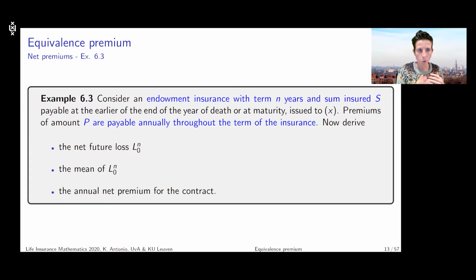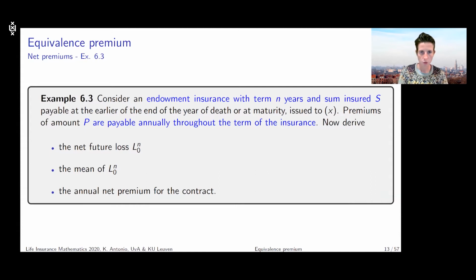Premiums of an amount P are payable annually throughout the term of the insurance. They're paid at the beginning of the year. That's not explicitly written, but that's something we'll always assume. And what we need to do is write down the net future loss random variable, get the mean of this random variable, and as such, derive the annual net premium for the contract.